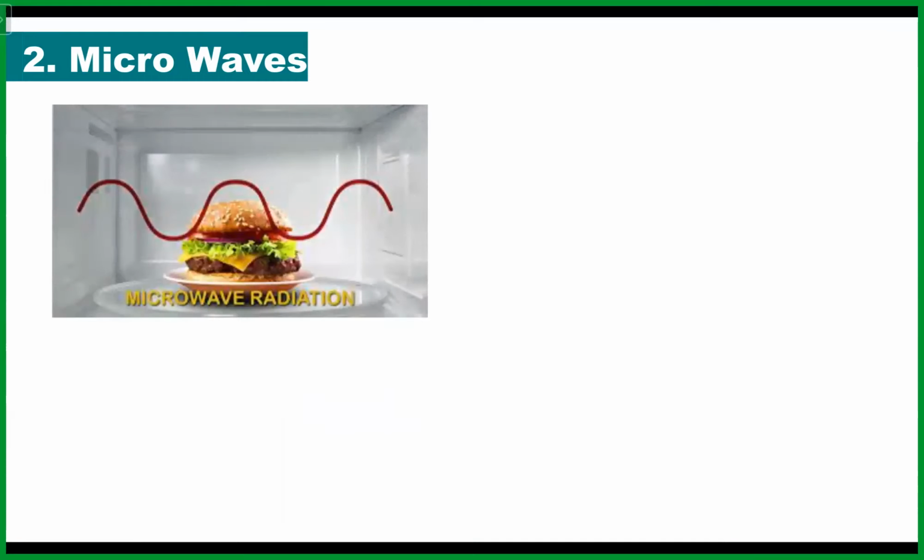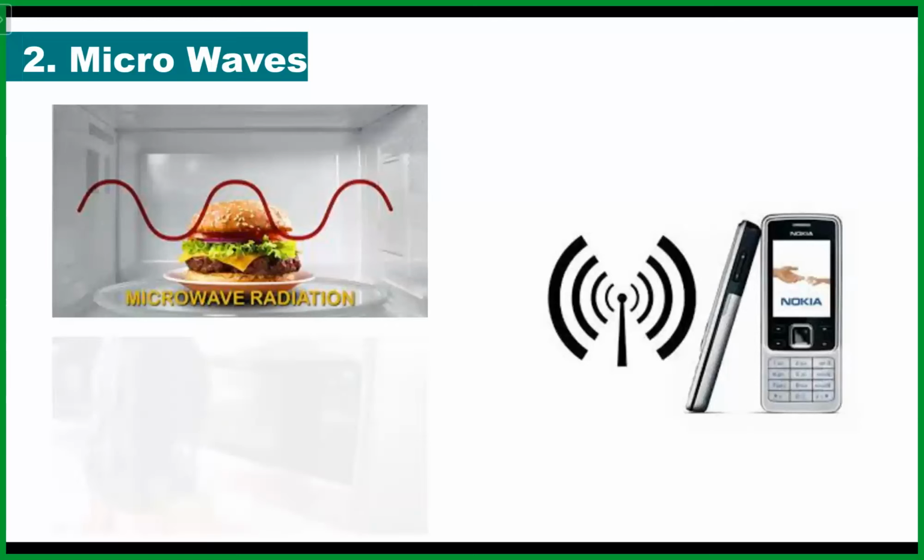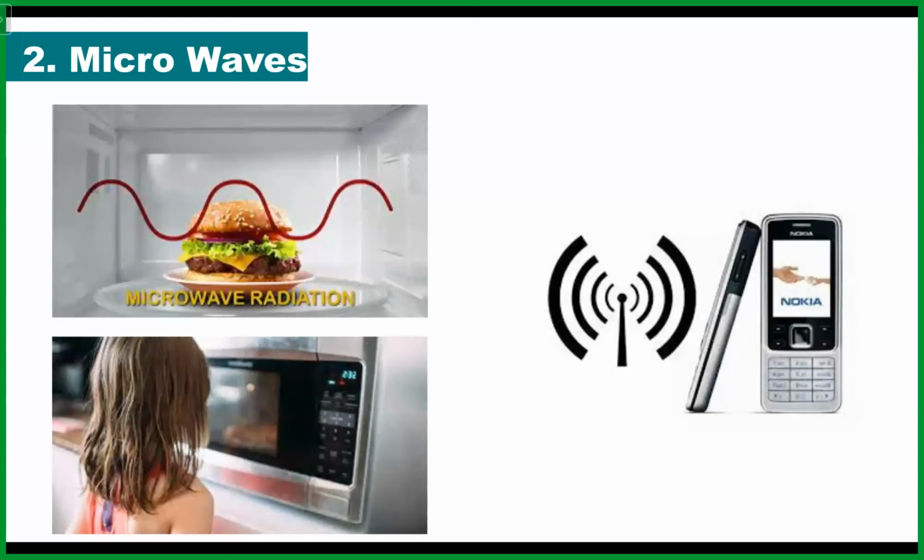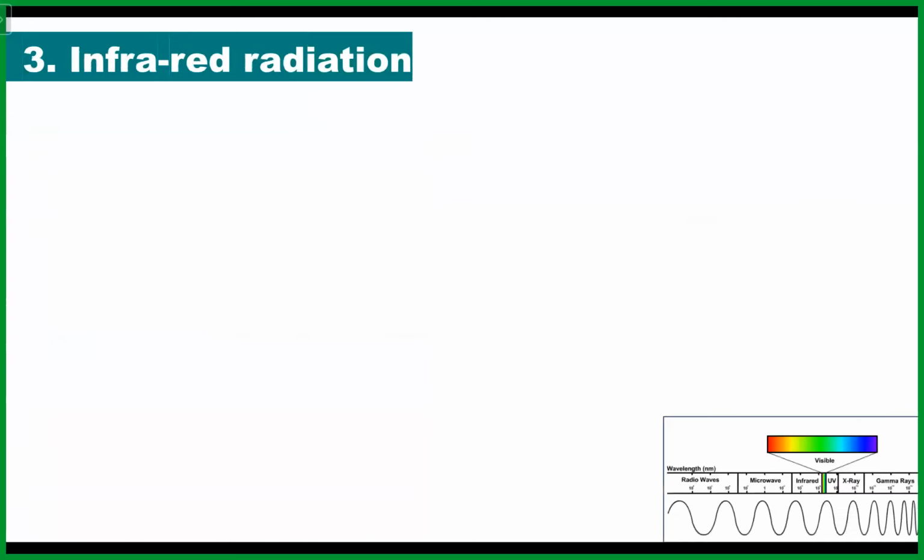Just to sum it up, we've learned that microwaves are made use of in microwave ovens and also in mobile phones and also in radar systems. But it's also useful to keep in mind that these microwaves could have certain adverse effects on our bodies. So it's always better that when we are using a microwave oven, we don't stay too close to it, and also limit our usage of mobile telephones as much as possible.